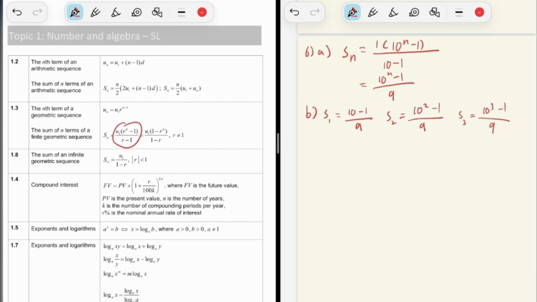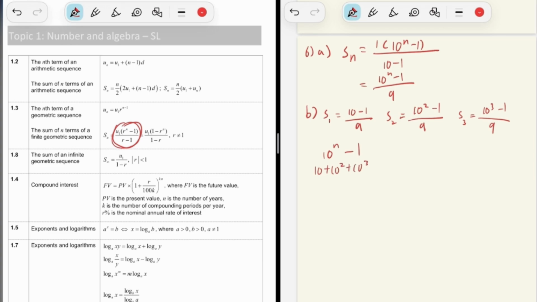And so looking at the top, it is 10 to the n minus 1. And so we could use, again, this formula where this would be simply equal to 10 plus 10 squared plus 10 cubed.